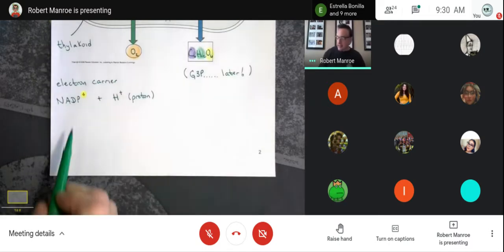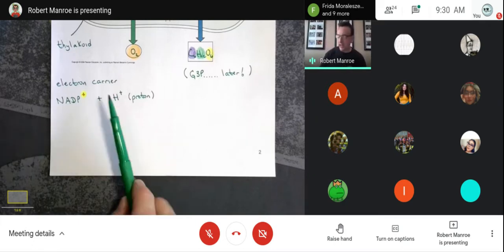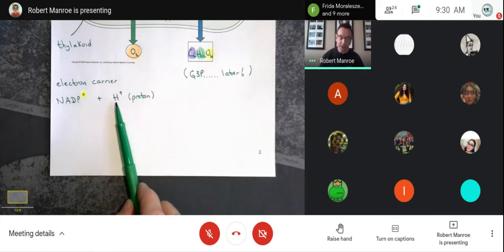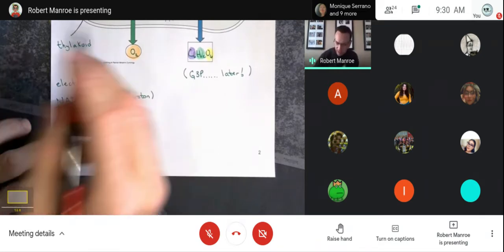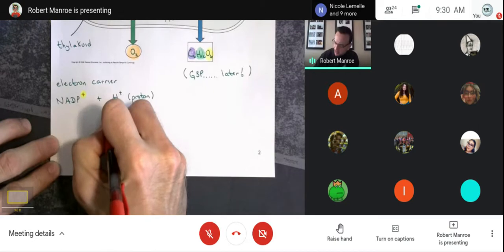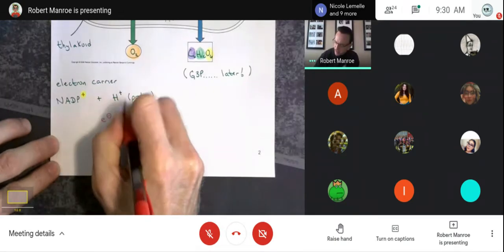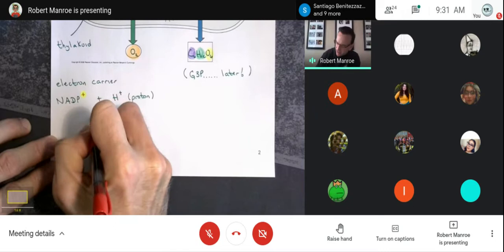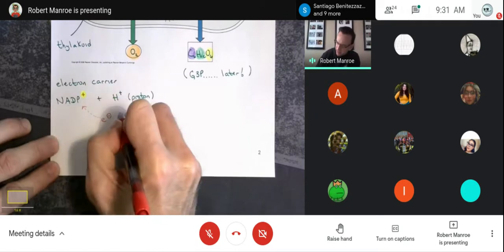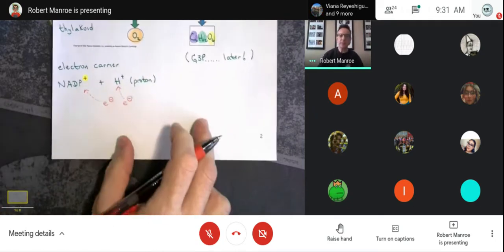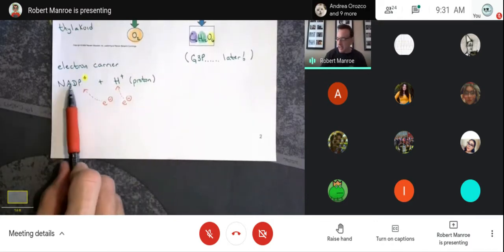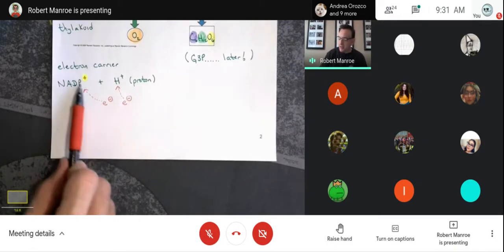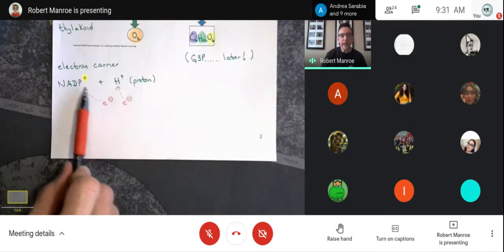So this electron carrier, NADP, hangs out with what we call an associated proton. So what is this proton here for? Because if this is an electron carrier, that means that these high energy electrons are picked up by these two. Well, if NADP is positive and NADP picks up an electron, what happens to the overall charge of NADP?